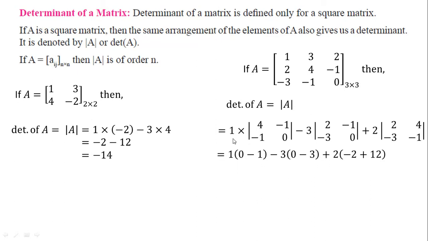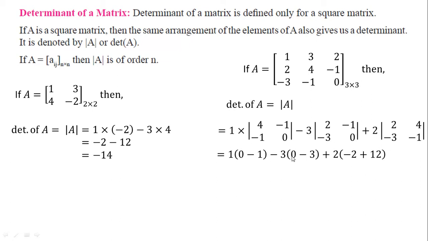Then the calculation, 1 as it is. Now you know the procedure to get the determinant of 2 by 2. So 4 into 0 is 0, minus 1 into minus 1 is plus 1. So 0 minus 1 is the bracket. Then minus 3 as it is, 2 into 0 is 0, minus 1 into minus 3 is plus 3.